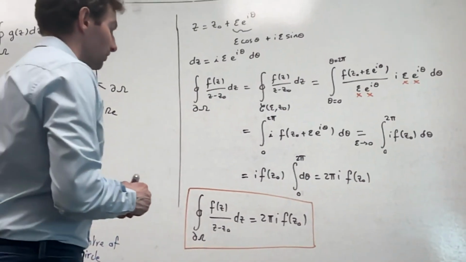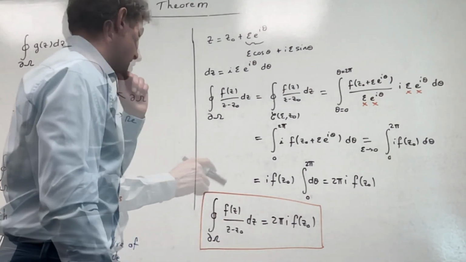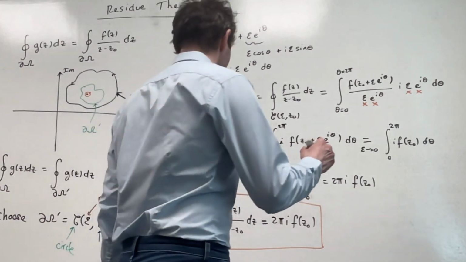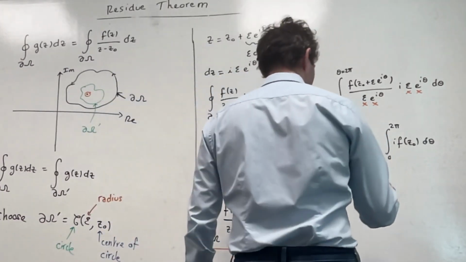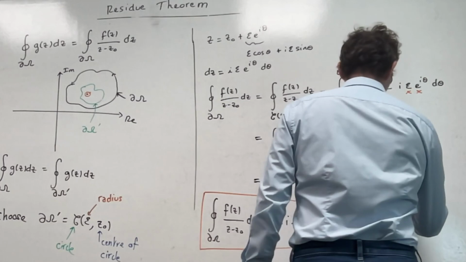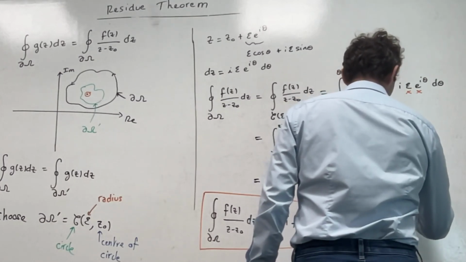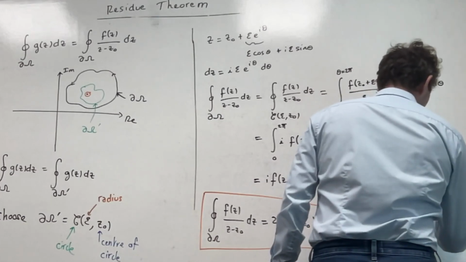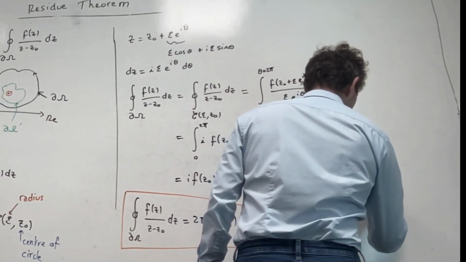Okay, so sometimes the way this is presented is basically you define, so let's put here that f of z0 is equal to the integral over the circle epsilon z0.